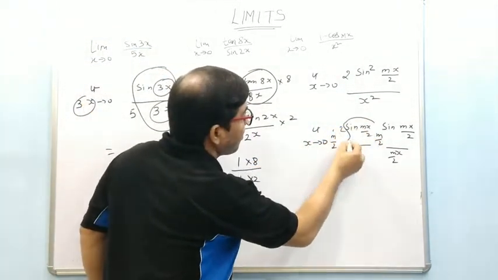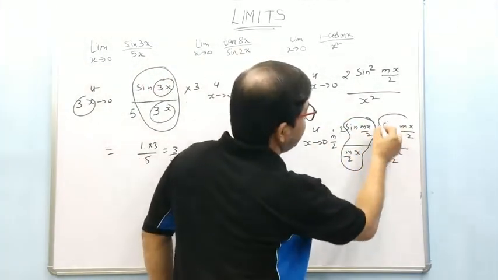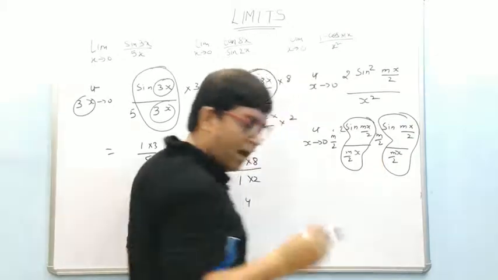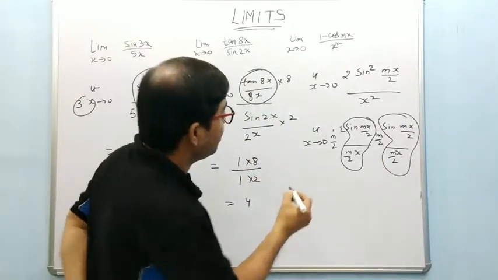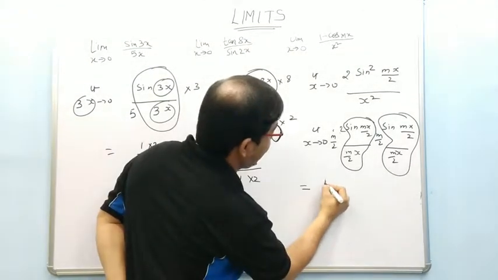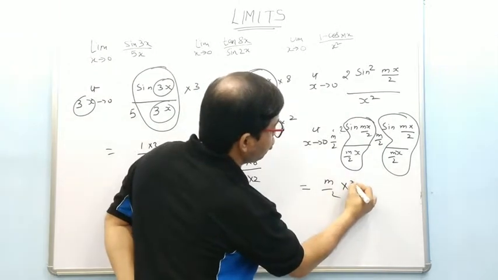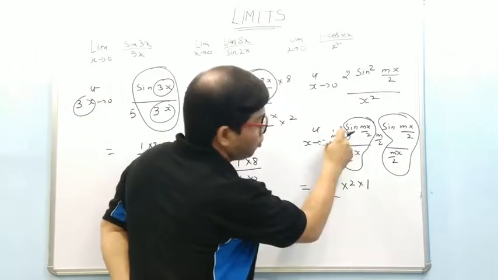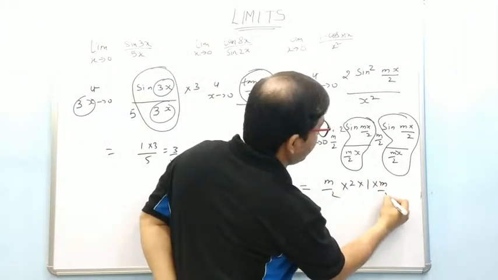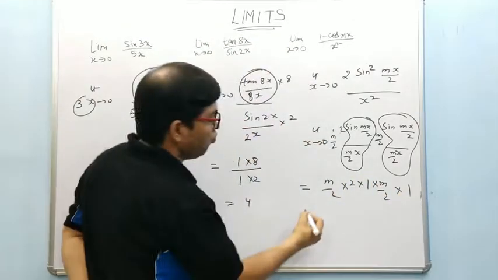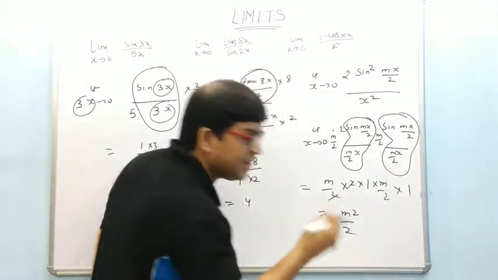This is 1 and this is 1 by the basic formula limit x tends to 0 sin x by x. So ultimately it is m by 2 left over into 2, that 2 that was in the formula, into m by 2 into 1. So it is coming out to be m square by 2. You can easily find it out.